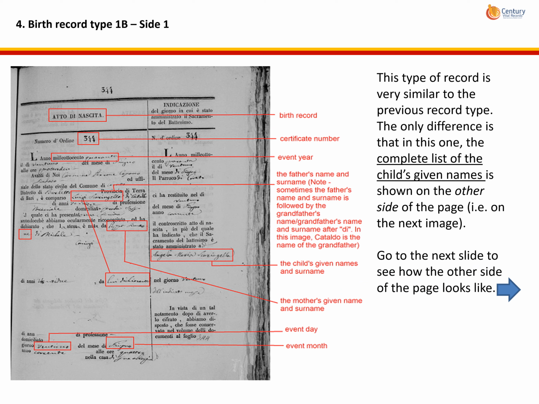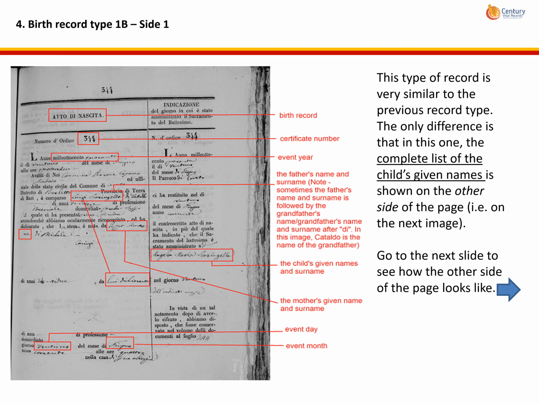This image type is very similar to the previous one, but with one difference. In this type of record, the complete list of the child's given names is shown on the back of the page that you can find on the next image.